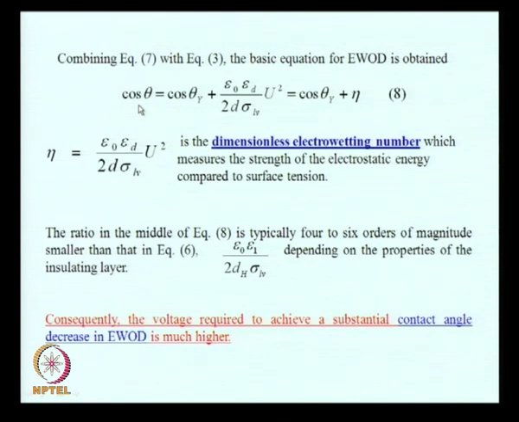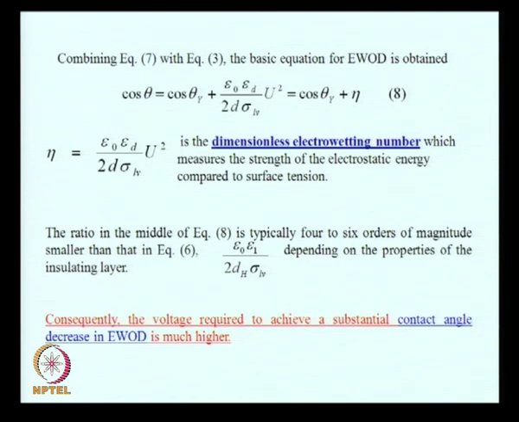This is the Young-Lippmann equation for electrowetting on dielectric. What we see here is the same, the change in contact angle with application of voltage. This is the equilibrium contact angle. The interesting thing here is the d in this equation is different from d_H in electrowetting.